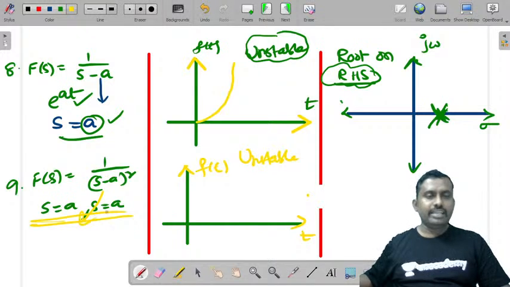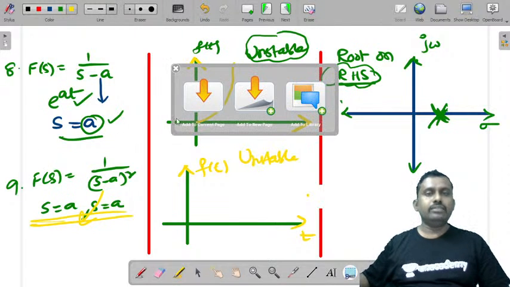If you try to find the Laplace inverse of this, 1 by (s minus a) whole square, let us take this to the next slide.